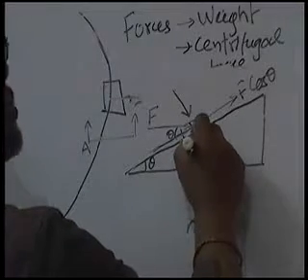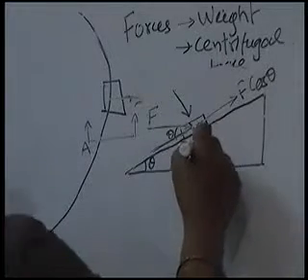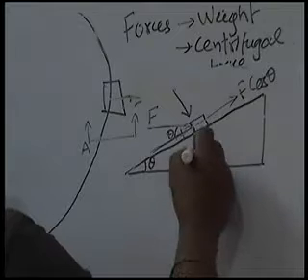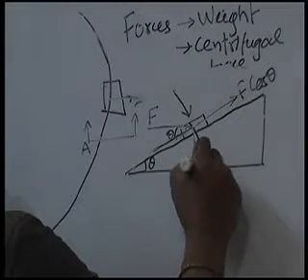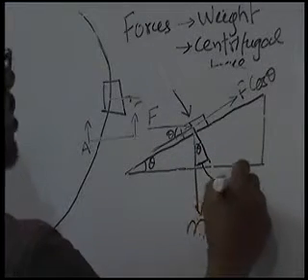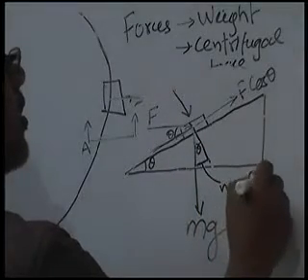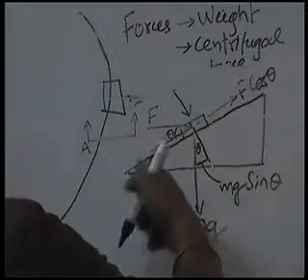The component of mg along the surface will be mg sin theta. So these two forces have to be equal to avoid the skidding of the vehicle.